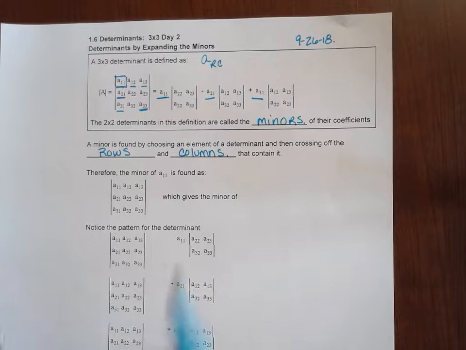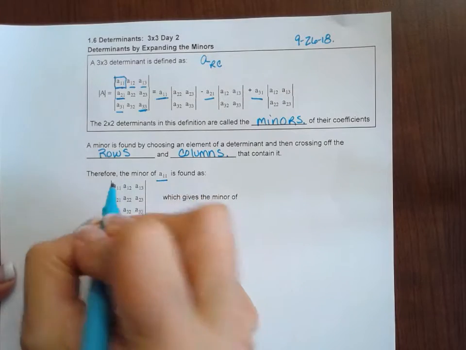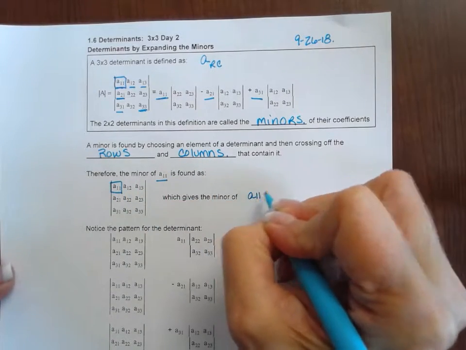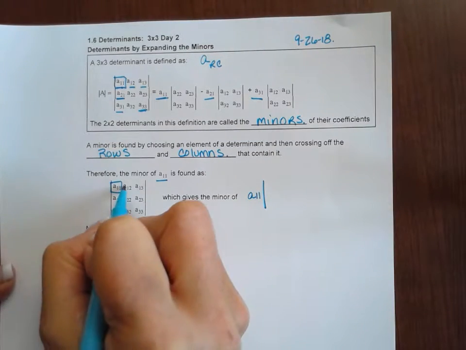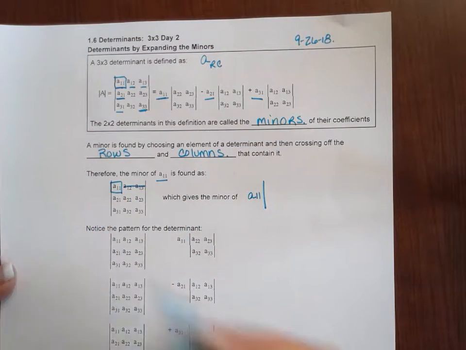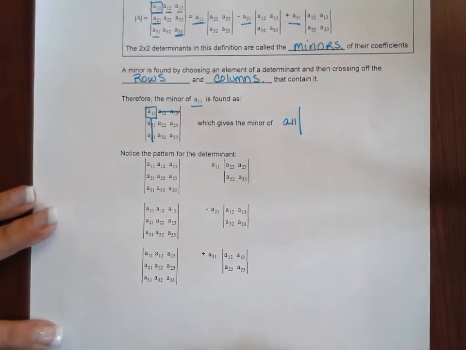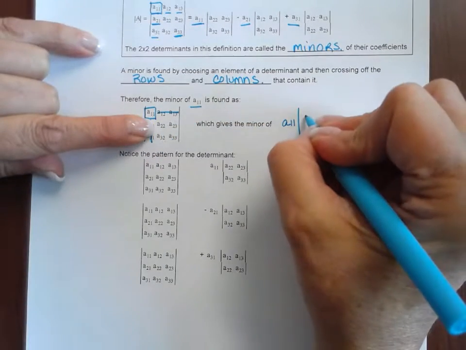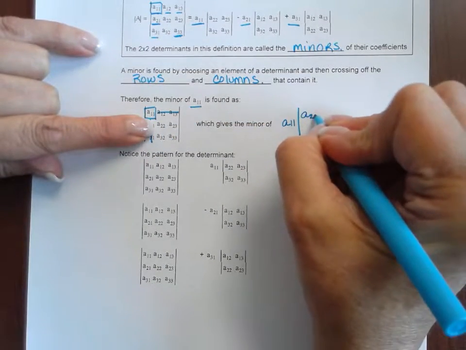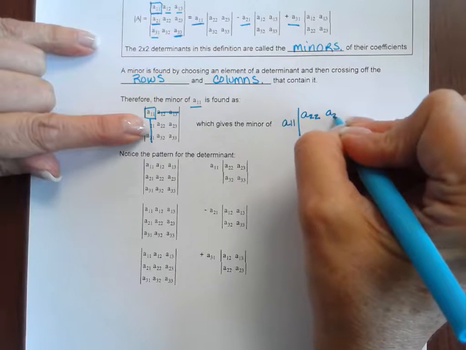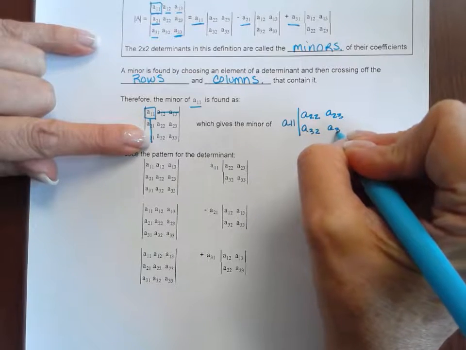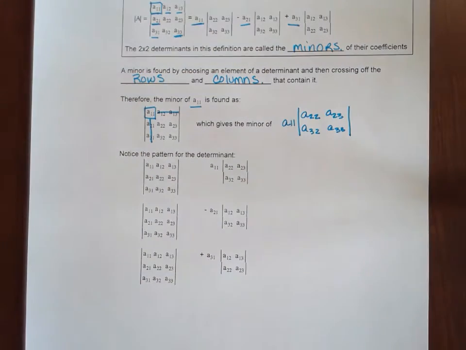So, if I want the minor of A11, I cross off the row, and then I cross off the column. What am I left with? I'm left with my normal determinant of A22, A23, A32, and A33.